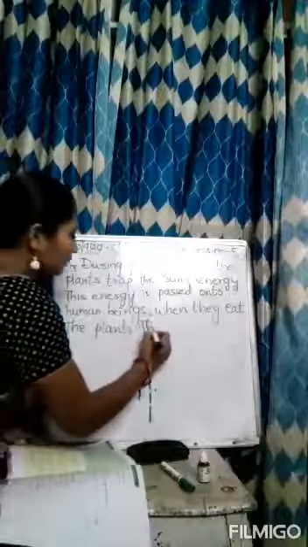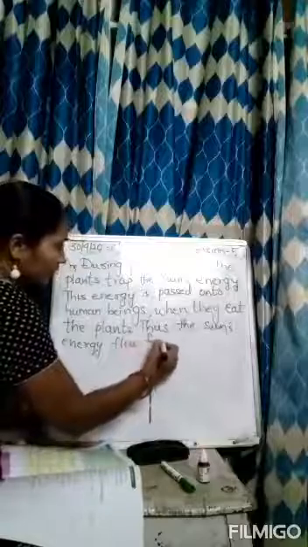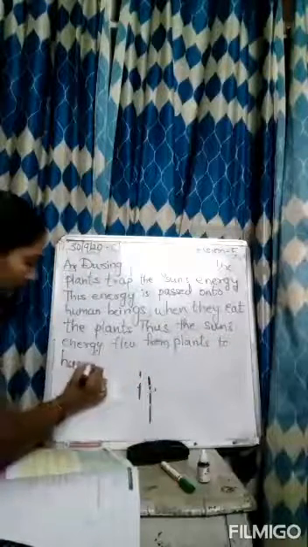Thus, the sun's energy flows from plants to human beings.